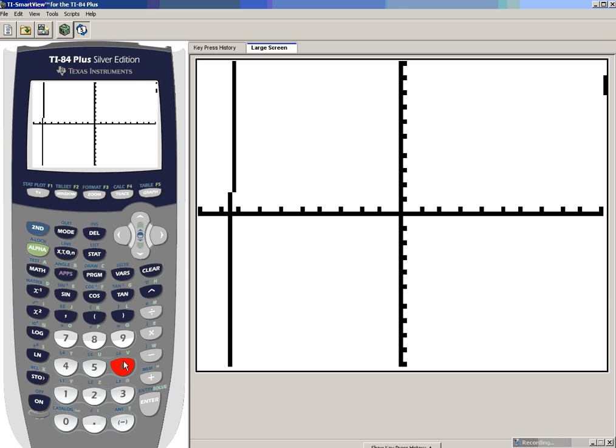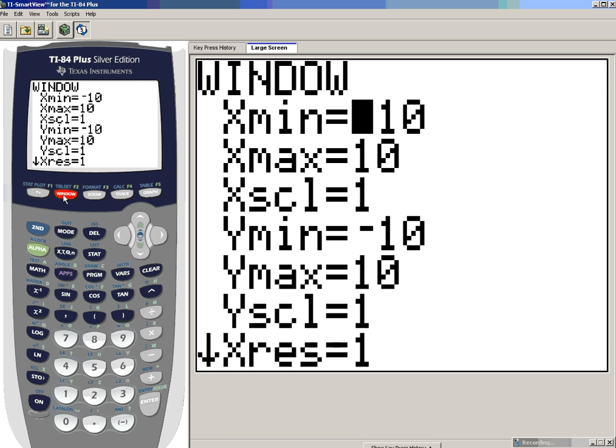There's my standard viewing window, and you can see that that's not a good window for this graph. So let's think about this here. In our window, what do the x values represent? Well, it represents the time with t equals 0 corresponding to 1990. So let's just go from 0 up to 12. That would take us through 2002.